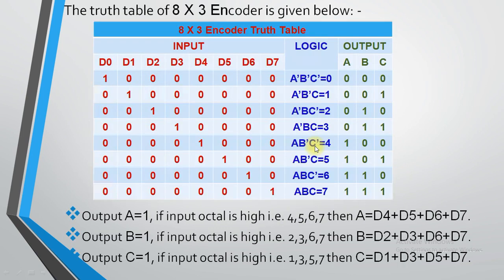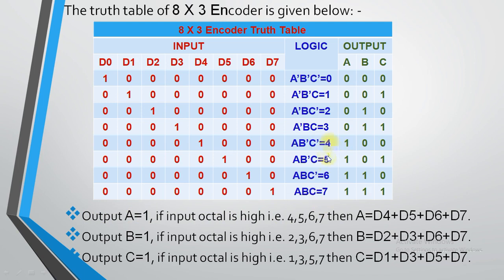So from the truth table, you need to write the output lines, like output variable A equals to 1 only if the octal is high. And octal is high in which case?